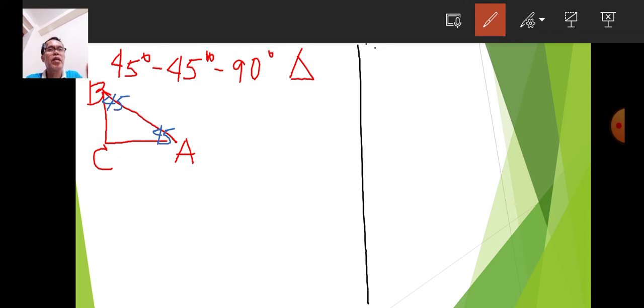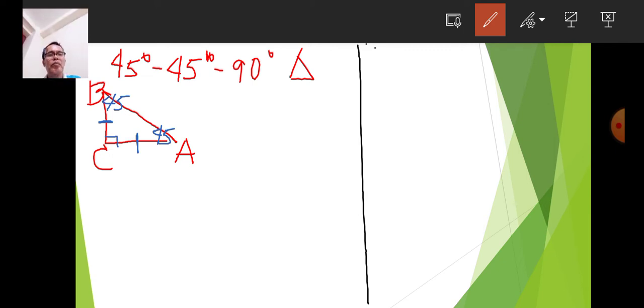Meaning the sides opposite the base angles that are congruent are also congruent. So this side must be congruent to this side, and this is the 90 degrees triangle.